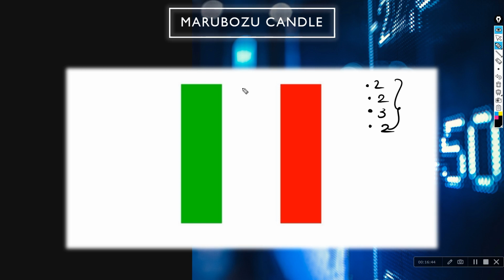If you have a chance, please go and try to find these types of candles in your trading view. Any chart you take, any stock you take, I'm sure you'll find at least one place where you'll find all these types of candles. I hope you have got some idea and understanding about what a candle is, why candlesticks are used, and the different types of candles.